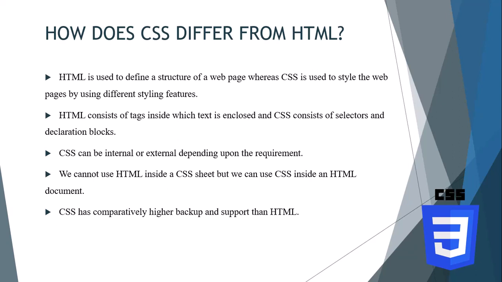Three, CSS can be internal or external depending upon the requirement. Four, we cannot use HTML inside a CSS, but we can use CSS inside a HTML document. And five, CSS has comparatively high backup and support than HTML.